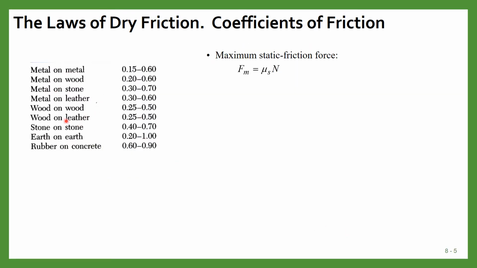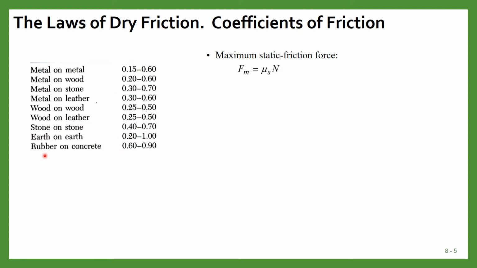In this table, some of the coefficients of friction values are shown. Suppose metal is placed on metal, then the value of mu s varies from 0.15 to 0.6. Similarly, if metal is placed on wood, the value is 0.2 to 0.6. Similarly, you can see other values.